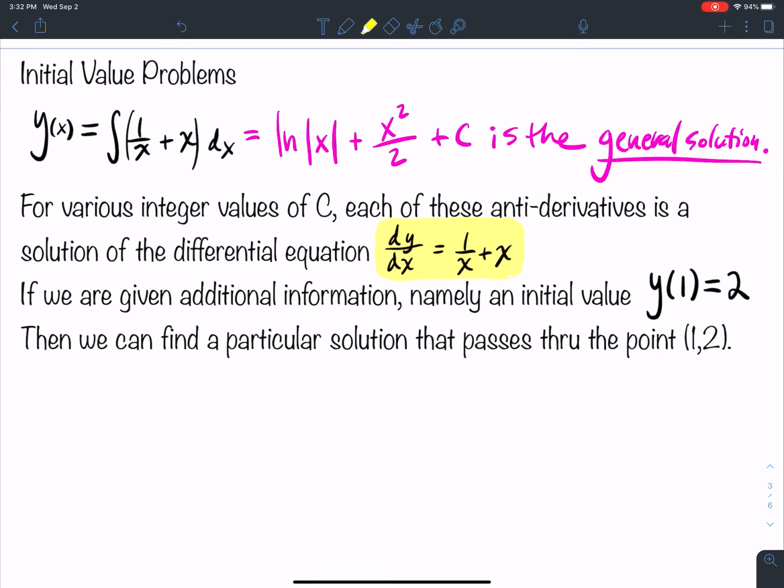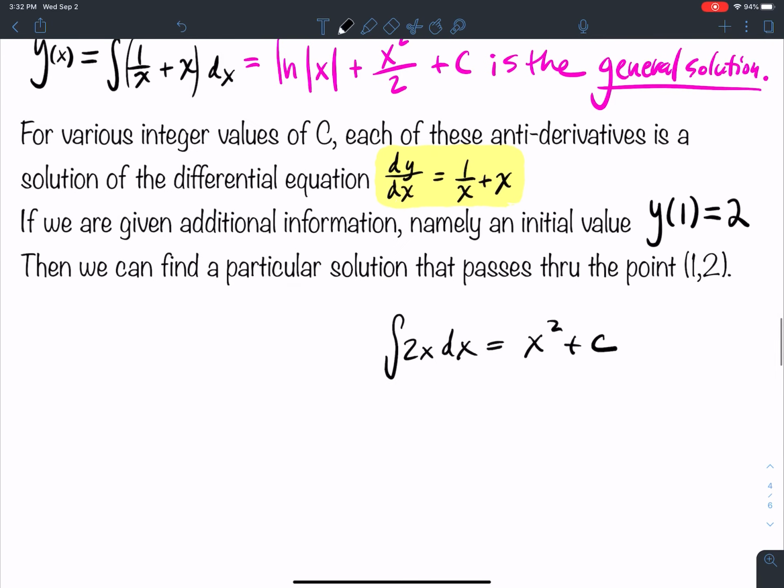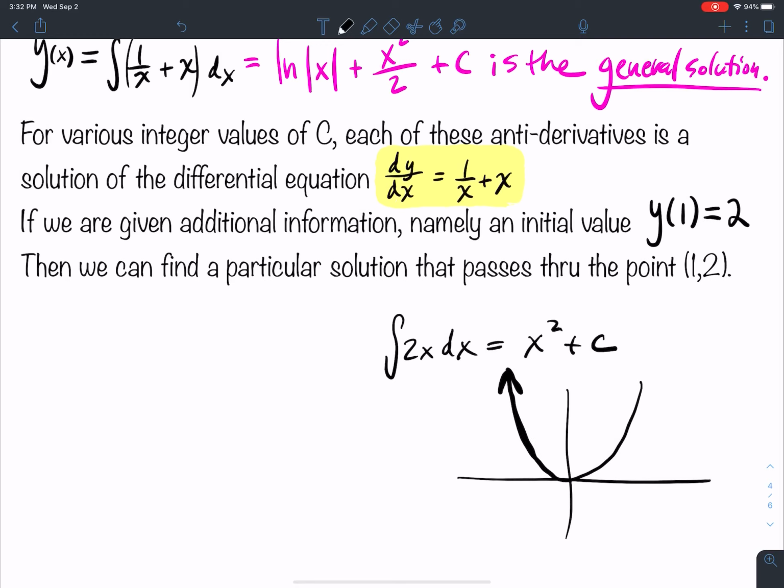And so if you think back to what we've done in the past, whenever I integrated 2x dx, I got x squared plus c, right? Now x squared plus c is a parabola, and that c determines where it shifts up or down.